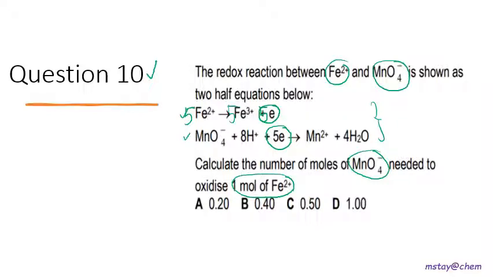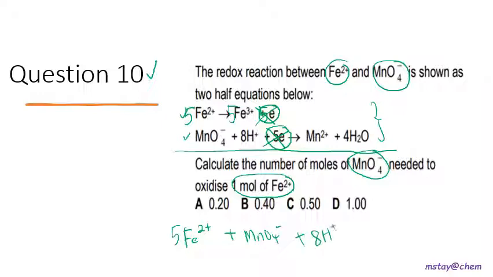Then we are going to cancel the electrons, because one is at the right hand side and the other one is at the left hand side. So after combining these two half equations, it will be 5 moles of Fe2+ reacting with 1 mole of MnO4- and 8 moles of H+, and then producing 5 moles of Fe3+ and 1 mole of Mn2+ with 4 moles of H2O.